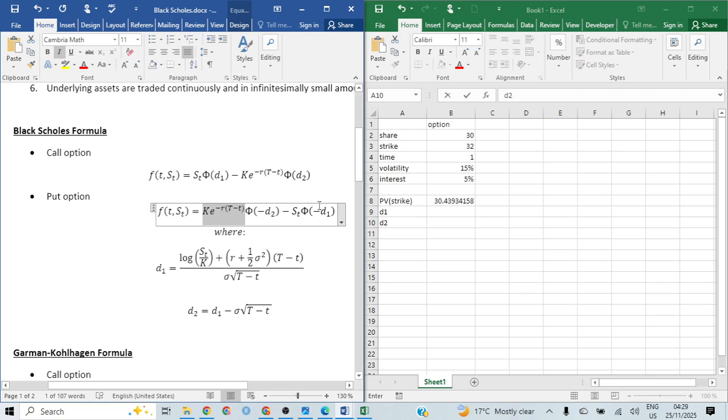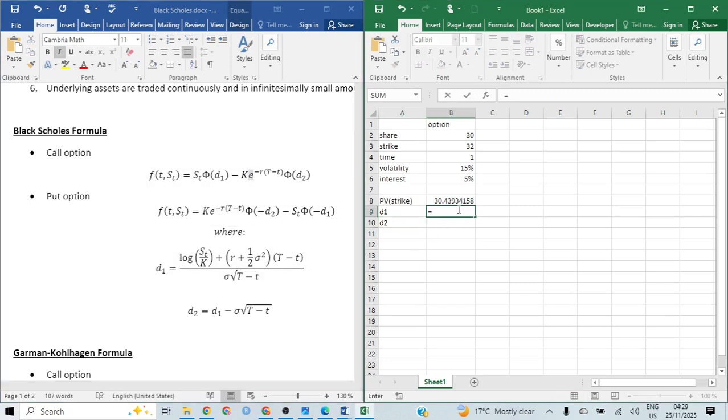I'll just put this on this side so that it's easy for you to follow. The value of D1 is my numerator divided by my denominator.